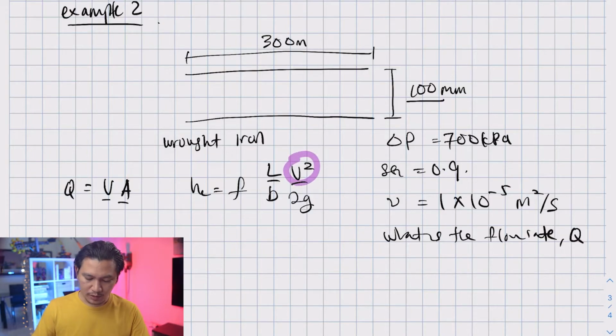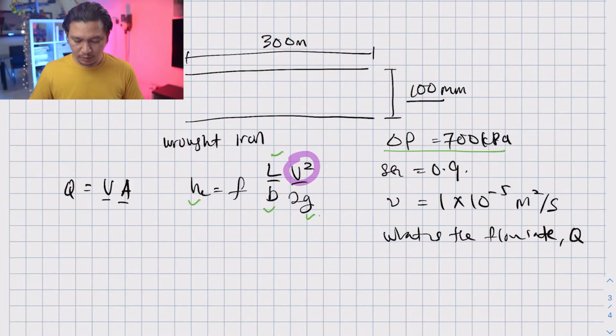But now, what we do have is the length, which is 300 meter, the diameter, that is 100 millimeter, and gravity we have. We also have the HL, because we can get that HL from our delta P. Now, the problem is we do not have the friction factor.